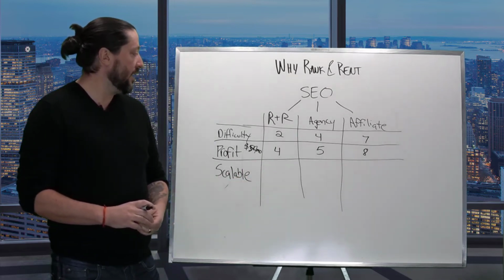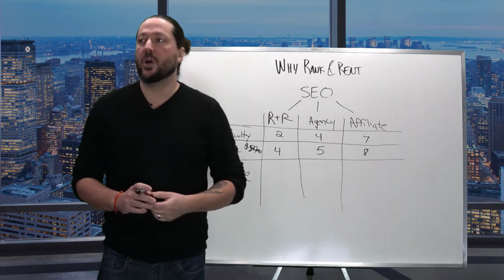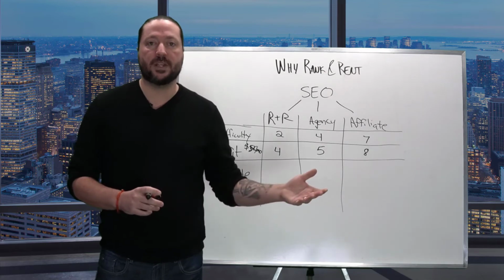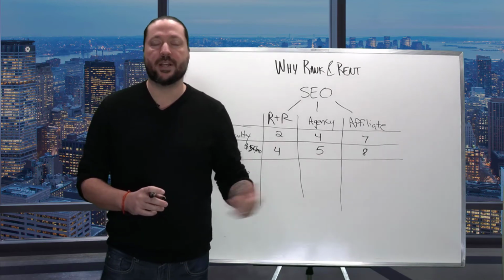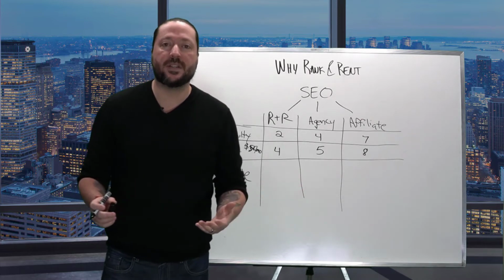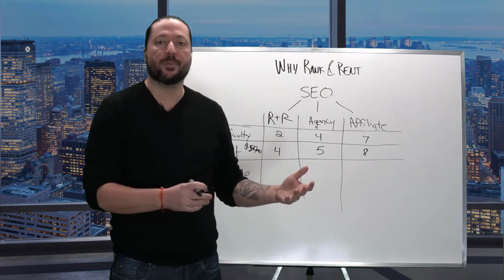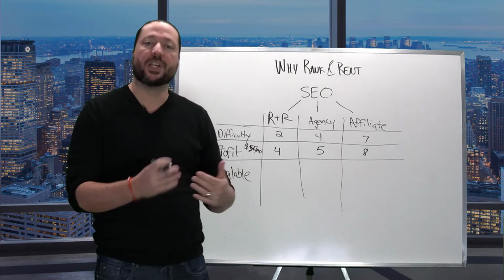Well, Rank and Rent, really, the scaling process is, let's say you got a landscaping client in a small city of about 100,000 people and you were getting them results, and now you want to scale your business. Well, the easiest thing to do is basically stay in that niche and go find another city with a similar population and just duplicate your model.